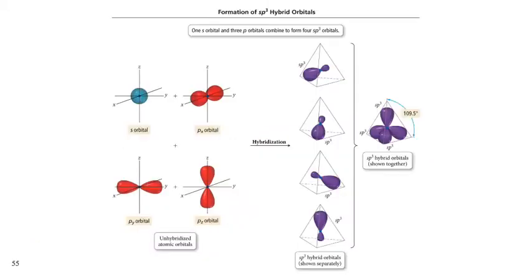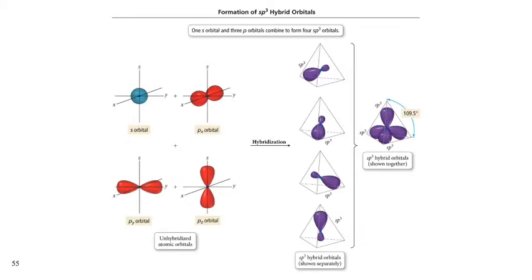So looking at our balloon shapes, what happens when we're doing this? We've got the s orbital, and we've got p orbitals in the carbon atom. Those are the unhybridized orbitals. So there are 3 p orbitals, and they are at right angles to each other. These orbitals have a lobe on each side of the nucleus.